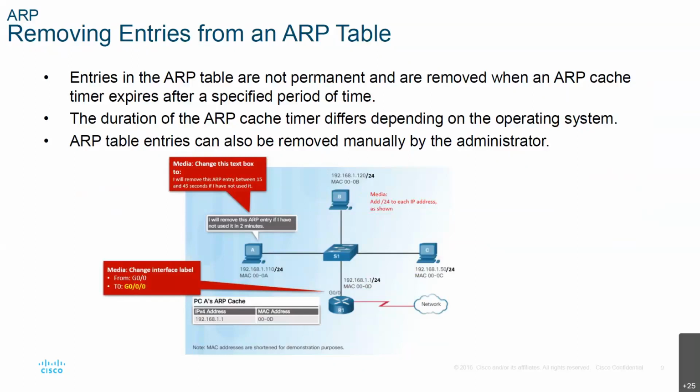Actually, you can manually change the entries of your ARP by a network administrator. For example, this computer will remove its ARP entry if it doesn't use it for 2 minutes.